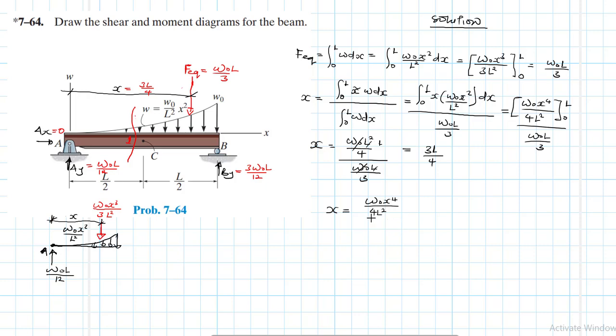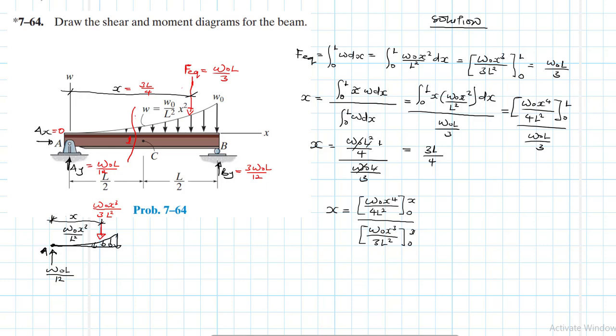Okay, we are integrating this from 0 to x, just like this one here. This is what we are getting here, just the way we did for the first case. The only thing that we changed are the integration constants. Then W naught x cubed divided by 3L squared. Remember this?